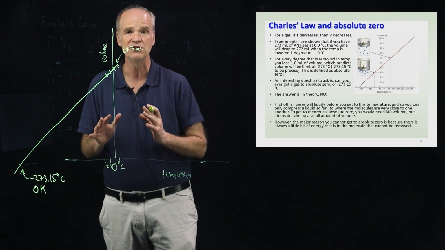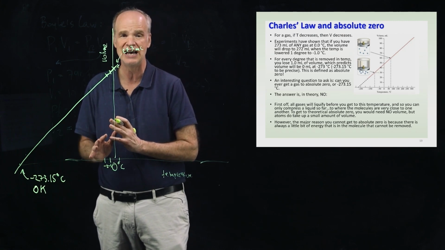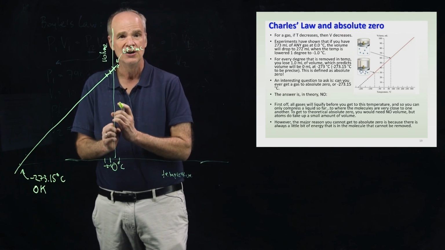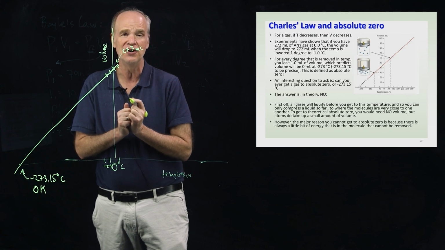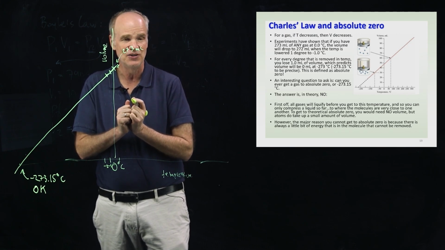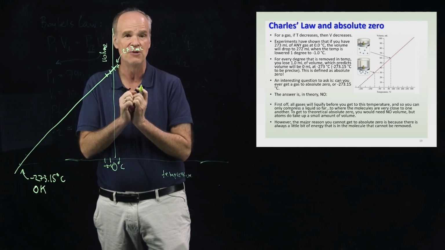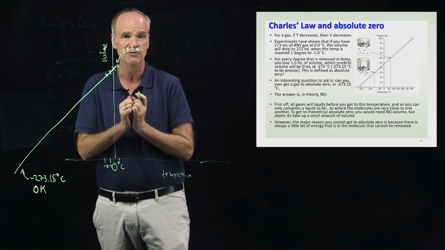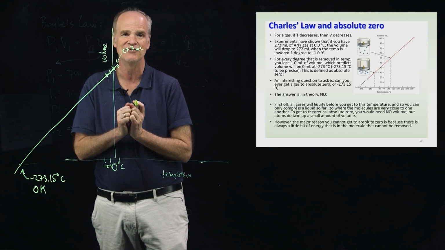So you can keep cooling it and cooling it and cooling it down. And so you'll get to the point where the molecules are as close as they can get. They're touching each other, but we still have a little volume left due to the molecules that are there. The molecules occupy volume.